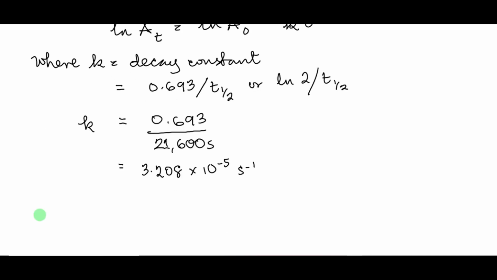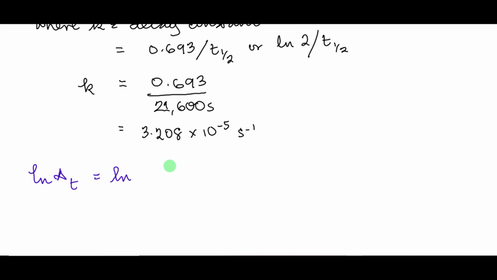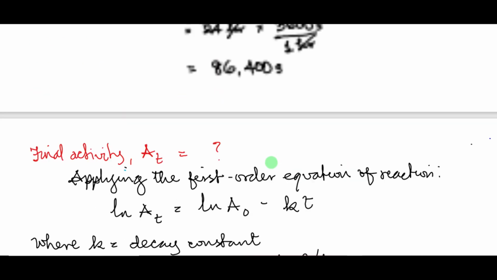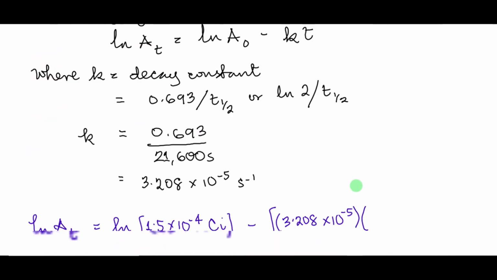Okay, that's ln A t equals natural log of 1.5 times 10 raised to the power minus 4 curie minus our decay constant, 3.208 times 10 raised to the power minus 5 per second, times the time, 86,400 seconds.